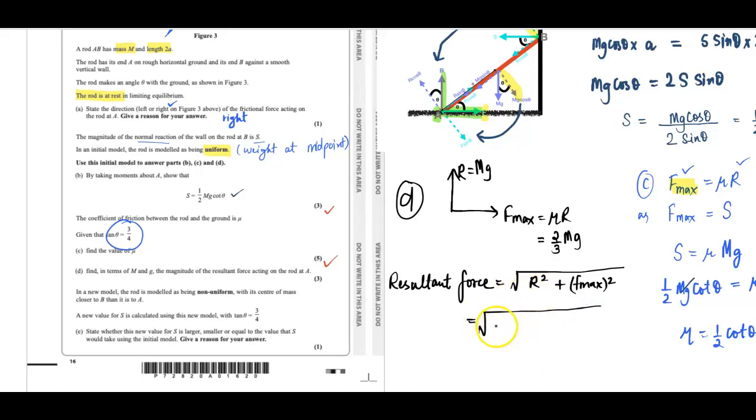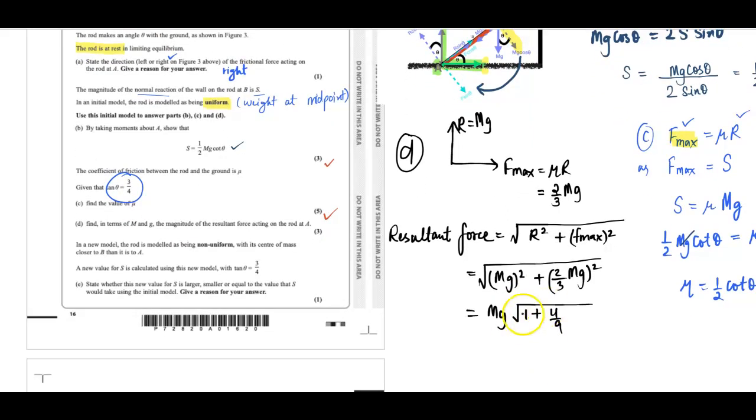We're going to be getting Mg squared plus 2/3 Mg squared. Can we take Mg outside? It will give us 1 plus 4/9. That will give us Mg times the square root of 13/9, or we can say 1/3 of Mg.